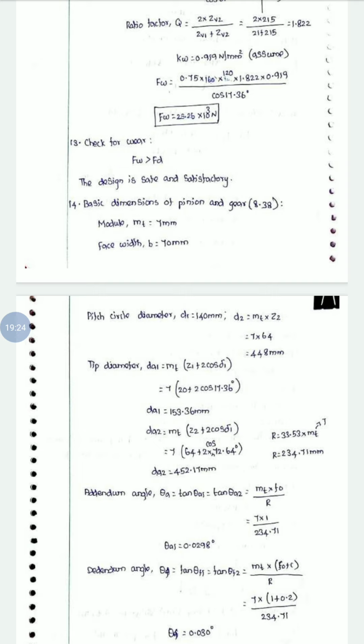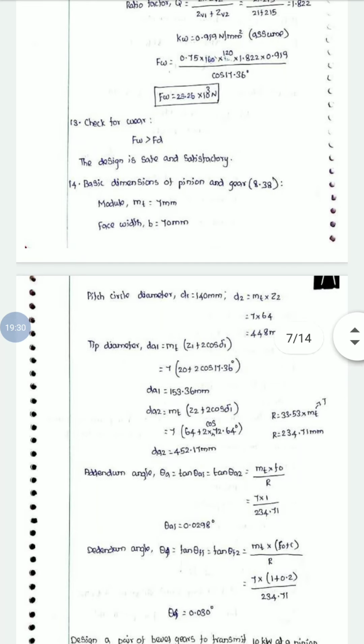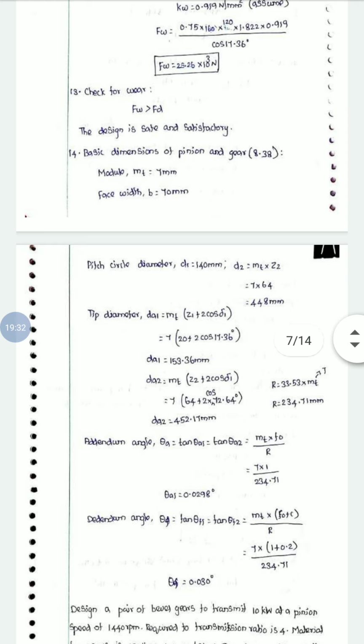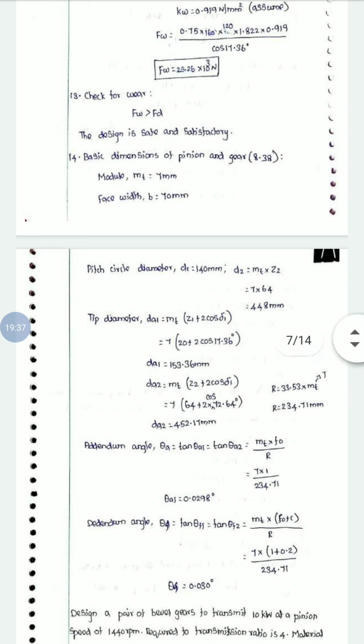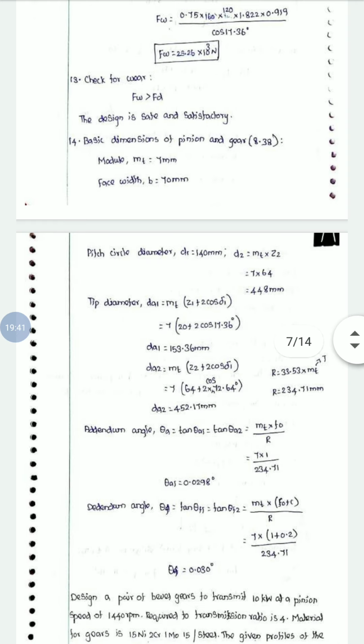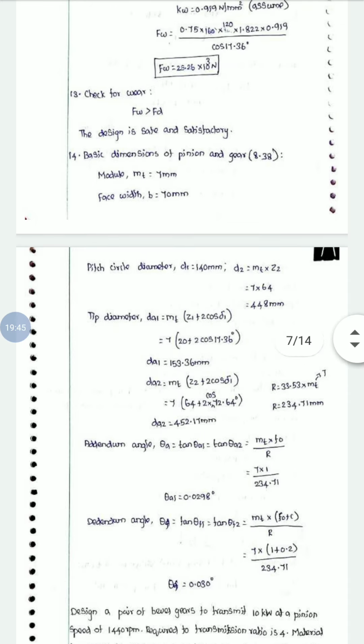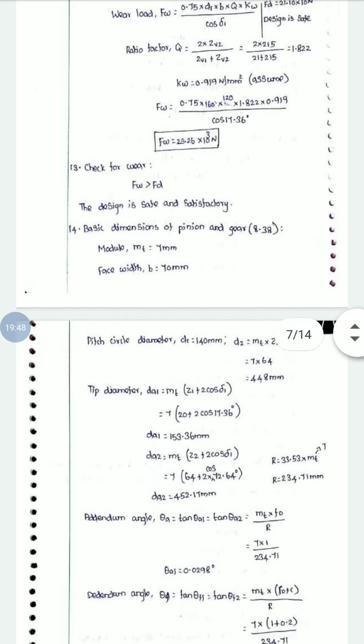For that, module mt is equal to 7 mm, and face width is equal to 70 mm. For the pitch circle diameter, d2 is mt into z2, that is 7 into 64, that is 448. The tip diameter formulas are also in data book page number 8.38.